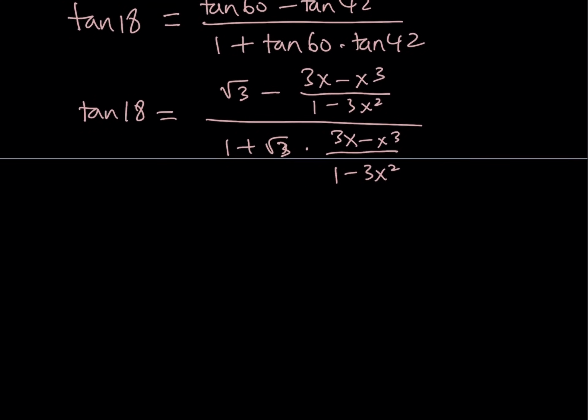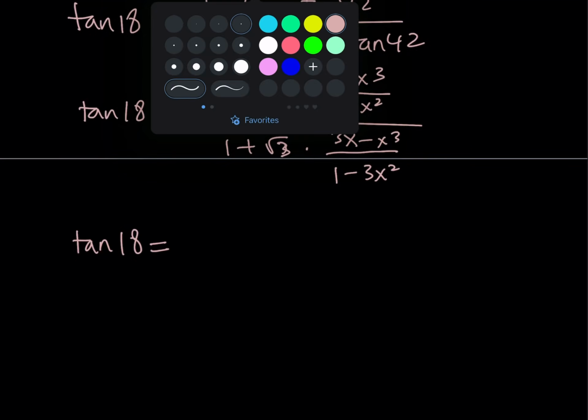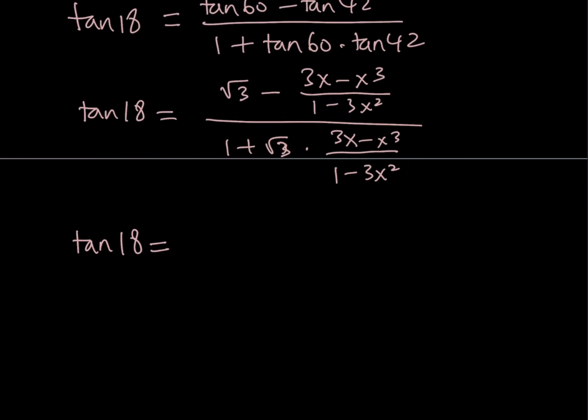Great. Now let's simplify this, and that's going to give us our answer in terms of x. So tangent 18 can be written as, again, I can multiply the top and the bottom by 1 minus 3x squared so that I can get rid of the fractions. That's probably the easiest way to do it. I'm not going to distribute everything onto everything, just take a lump sum here.